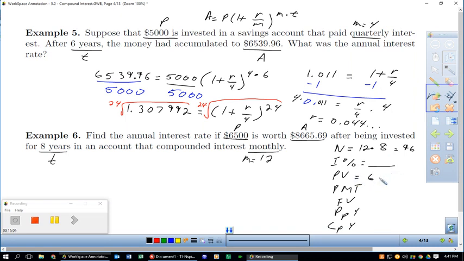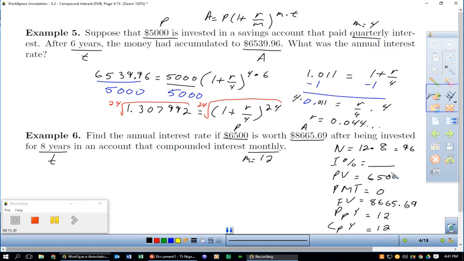Present value is $6,500. The payment is 0. We're not going to worry about that. It's called an annuity when you have that. Future value is $8665.69. Payments per year, that's the compound, M, that is 12. And compounding periods per year is 12 as well. These are always actually going to be the same for us.